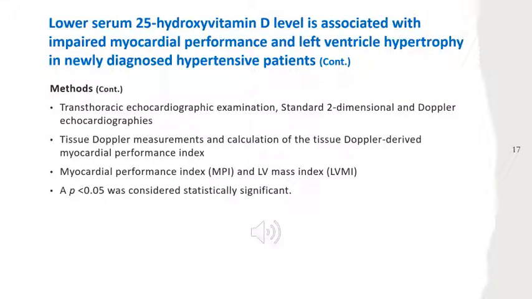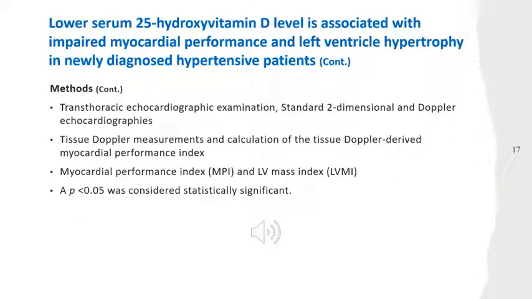Transthoracic echocardiographic examination was performed in the left lateral position. Standard two-dimensional and Doppler echocardiographies were performed using a commercially available echocardiography machine. The study also evaluated tissue Doppler and calculation of the left ventricle myocardial performance index. The tissue Doppler of the mitral annulus movement was obtained from the apical four-chamber view.